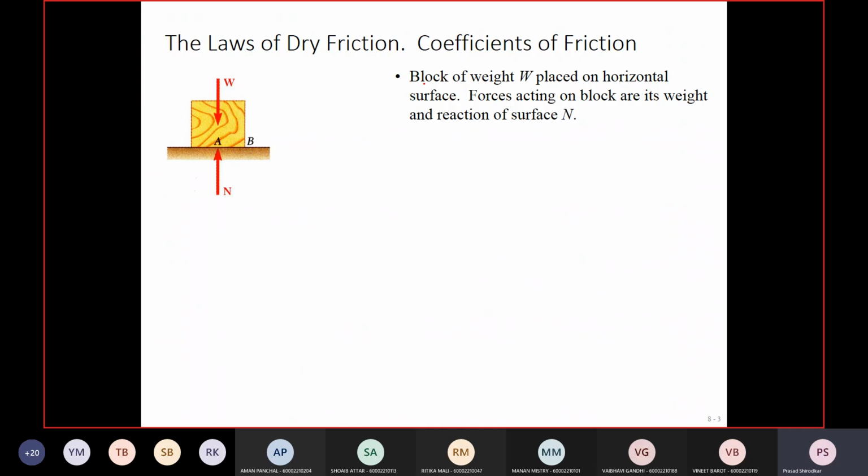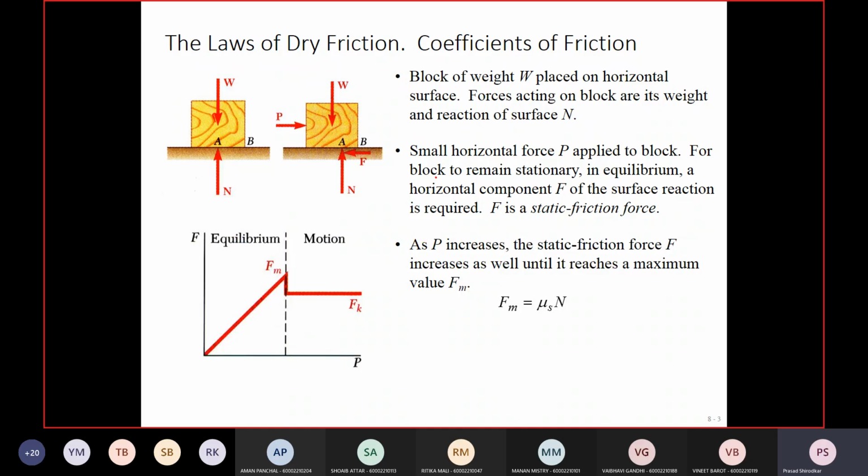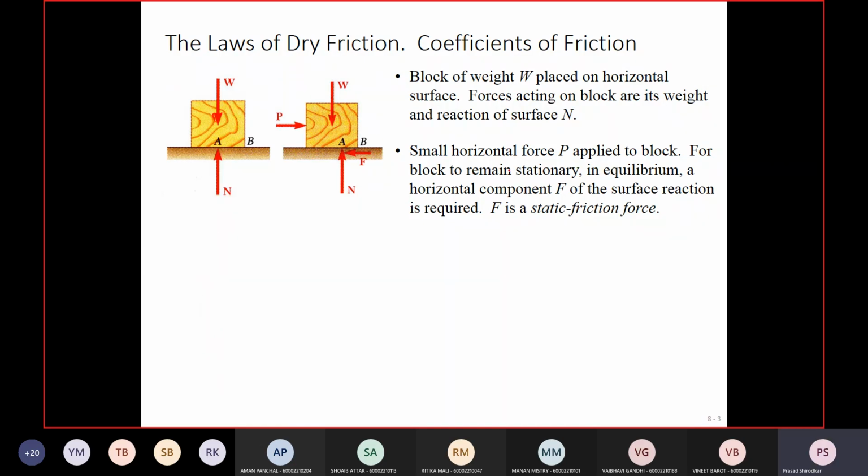Suppose a block of weight W is placed on a horizontal surface, and the forces acting on the block are the weight and the normal reaction. Now we apply a small horizontal force P to this block. The block will remain stationary as long as it is in equilibrium, and P will be equal to F. F is the surface reaction in the horizontal direction, and that F is called the static friction force.